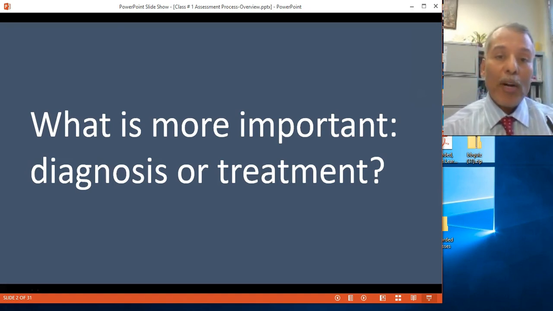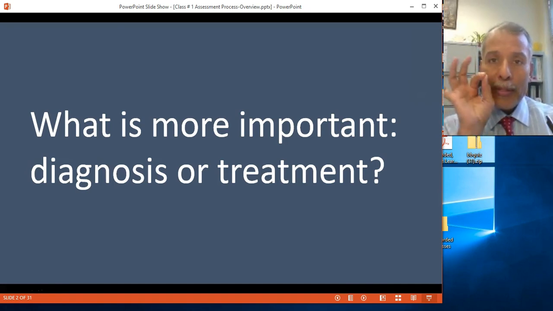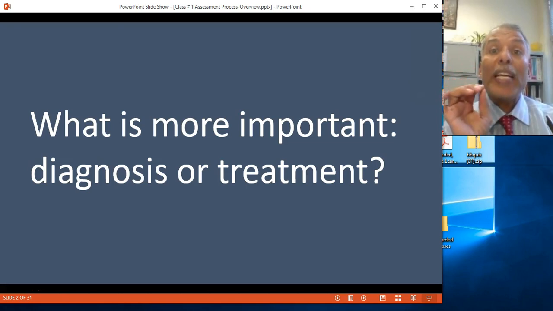Of course, you can provide treatment in some cases without knowing the cause and the diagnosis. But your treatment is going to be more efficient and more targeted if you start with the diagnosis and the assessment part. Because when you diagnose, you pinpoint the area that is an area of need.